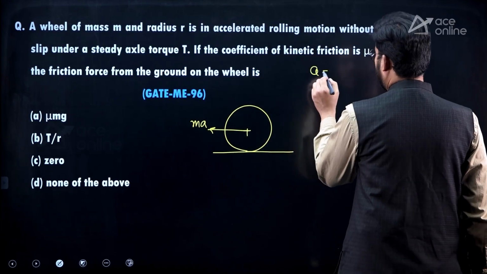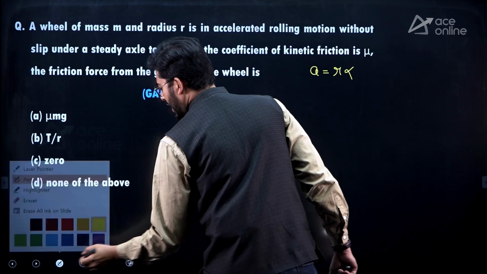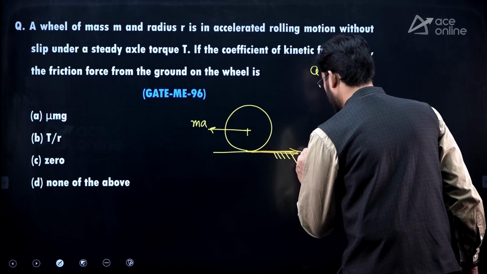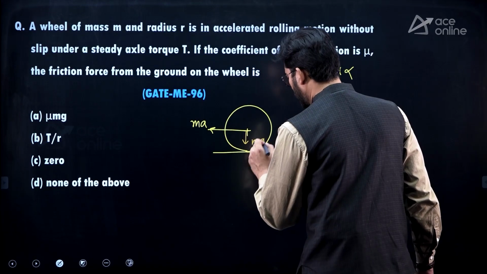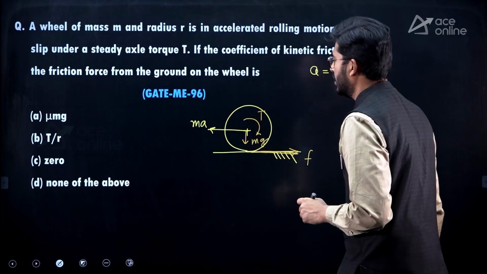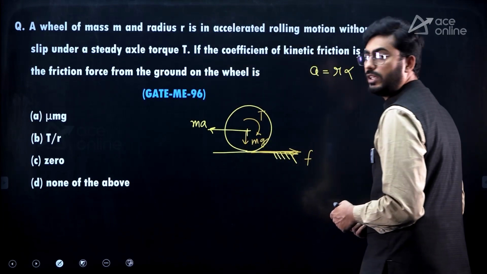So A here will be equal to R times alpha because of the pure rolling condition, and there will be a friction force at the interface, that is F. Along with this, the weight acts downwards and the torque T is being applied on it. So the value of torque needs to be computed.